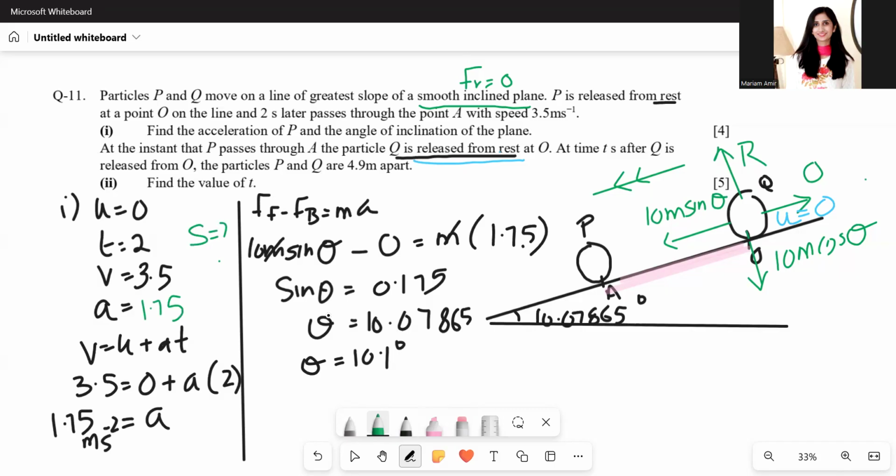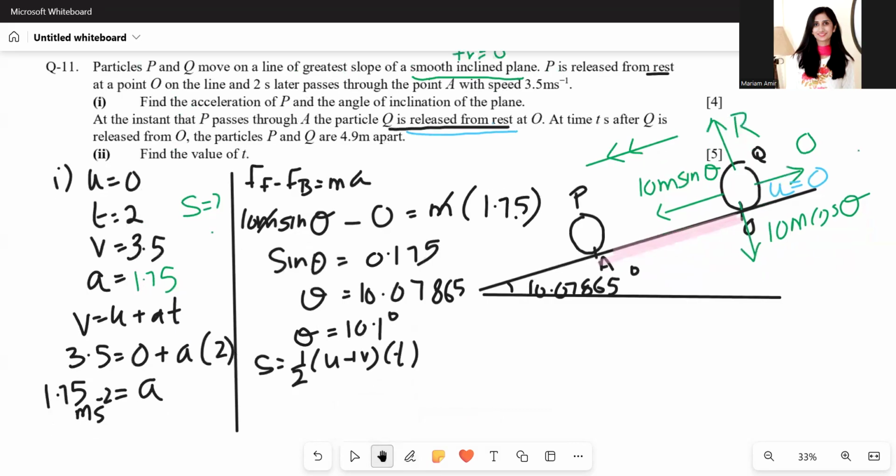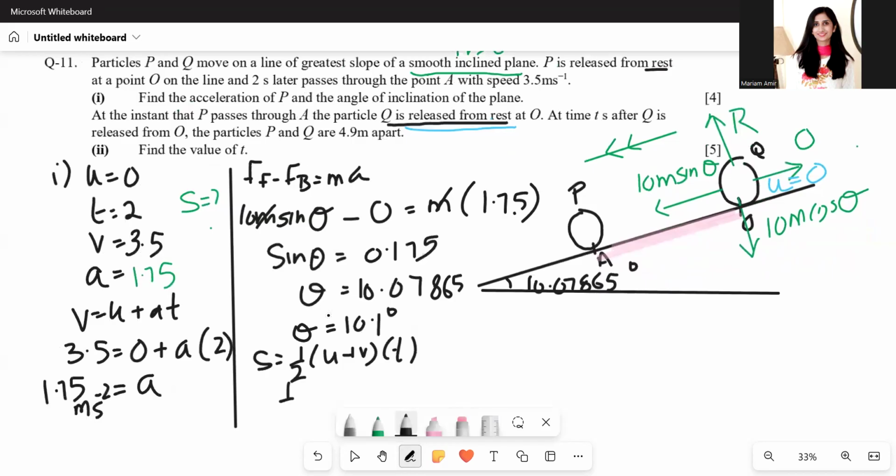So I'm going to use s equals half u plus v times t. It's going to be half 0 plus 3.5 times 2, which is just 3.5. So that means this initial distance between the two particles is 3.5 meters.